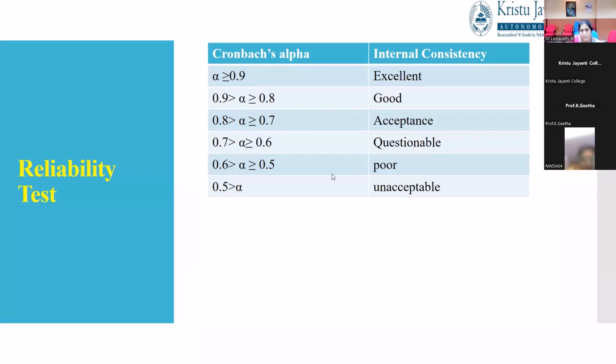Less than that is poor. If it is less than 0.5, it is unacceptable, which means you cannot proceed with further analysis with that particular data set. Okay, so let me explain how to do this practically.